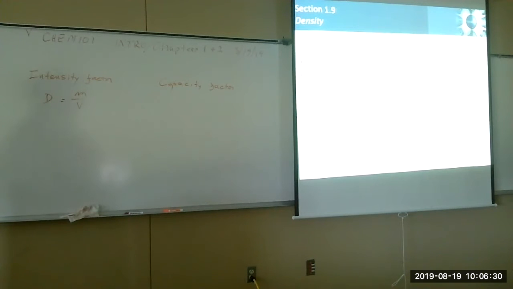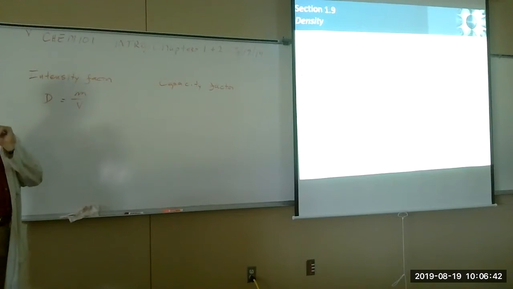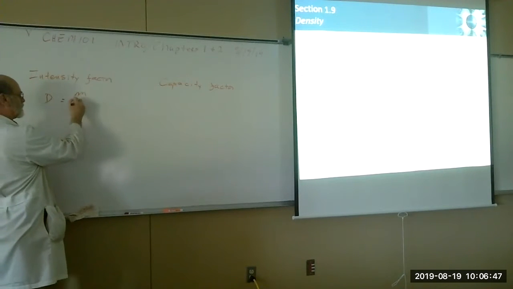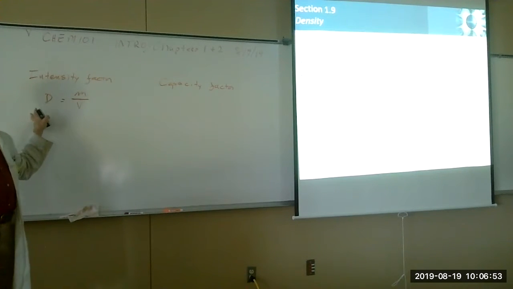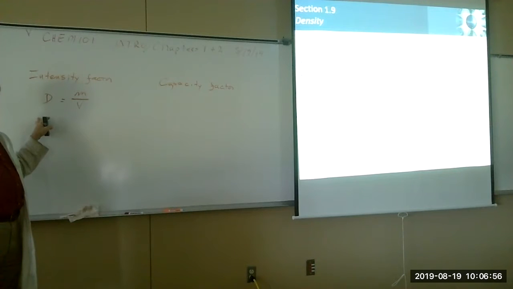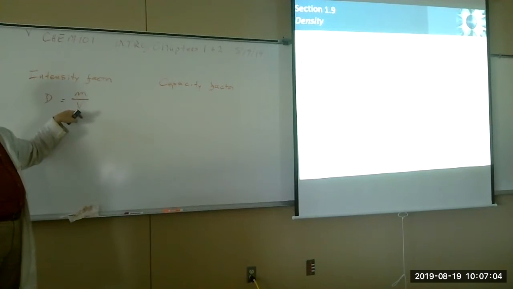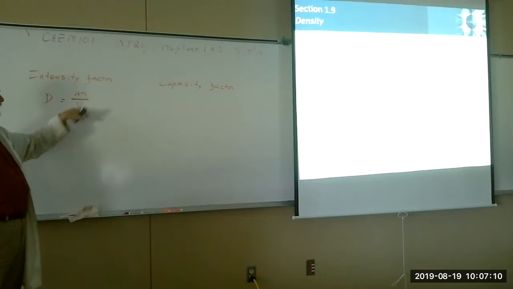Okay, but density equals mass per unit volume. So we have an equation there, and you can use that equation to solve for any one of those values if you know two of them. Like I said before, if you have an equation and one unknown, you can solve for it. So if we're calculating density, and we've measured mass and volume for that object, it's just a simple plug in, and we know the density. But what if you know the density already, and you measure its mass? Then you can find out what volume it is. Or if you measure the volume of something that you know the density of, like water, which is very well established, then you can find out what the mass is.